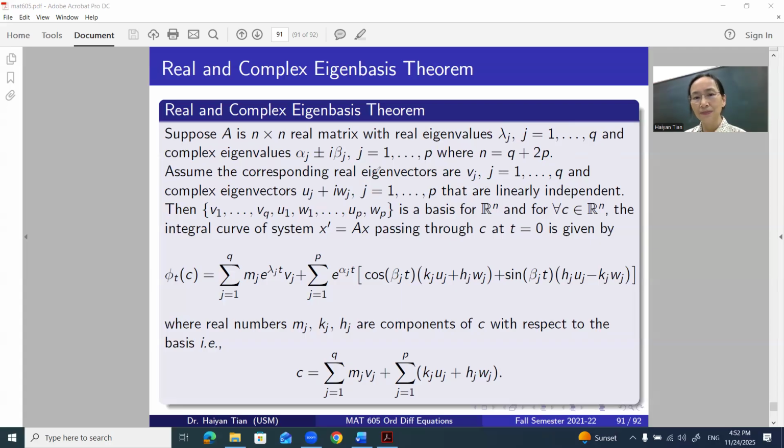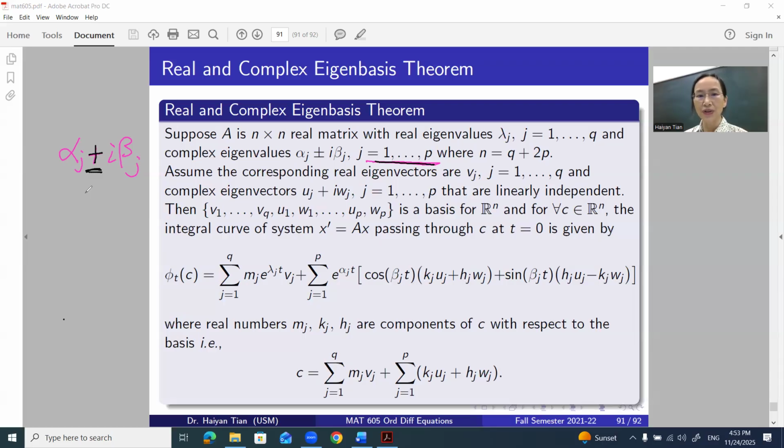And we have complex eigenvalues. As long as you have, for example, a complex eigenvalue alpha j plus i beta j, we know its conjugate, alpha j minus i beta j, is also an eigenvalue of the matrix A. So that means if we have p distinct complex eigenvalues, alpha j plus i beta j, then we have their conjugates.